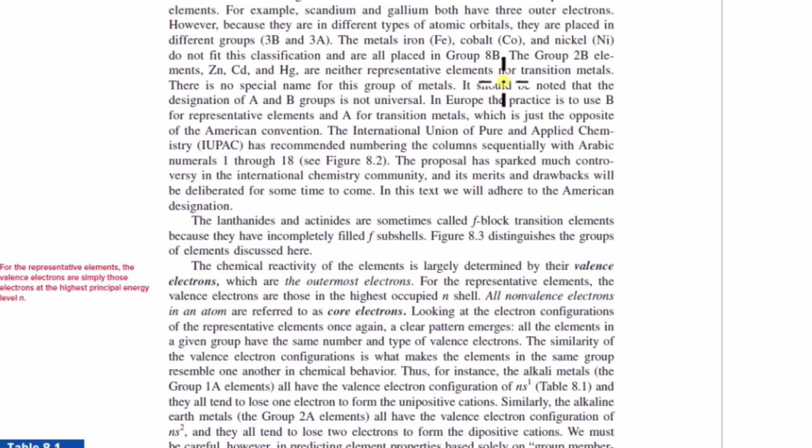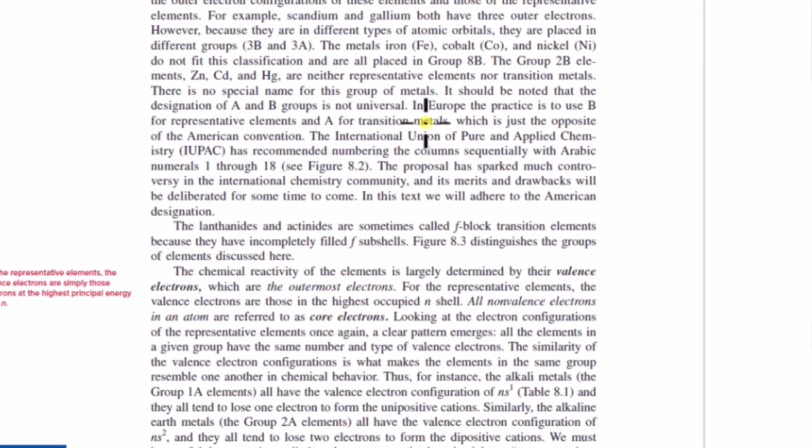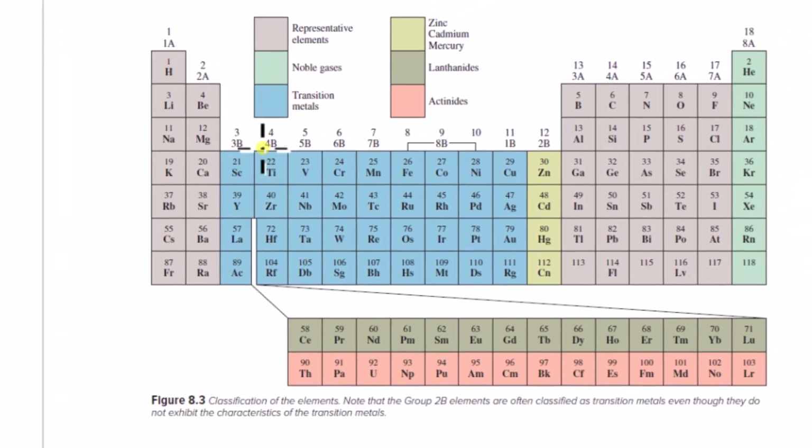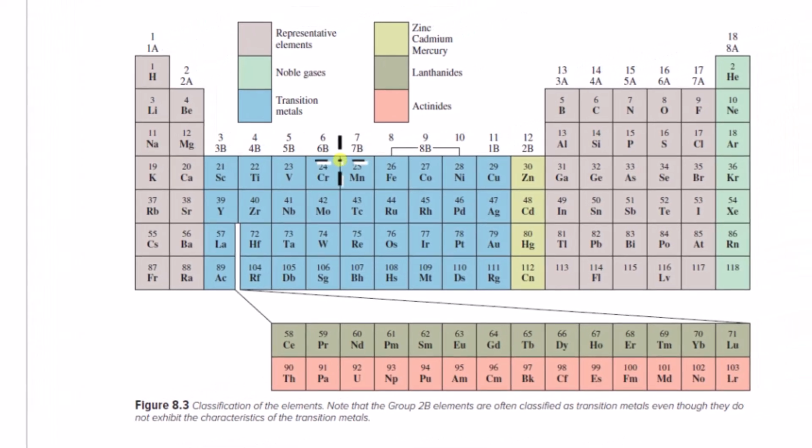Okay, so now it mentions here that it should be noted that the designation of A and B groups is not universal. So in Europe, they use the 1A, 2A, 3B, 4B, the number and letter labeling scheme, but they just switch. They have the transition metal region labeled with an A and the representative elements with a B. The American convention is this number then letter, but using A for the representative elements and B for the transition metals.